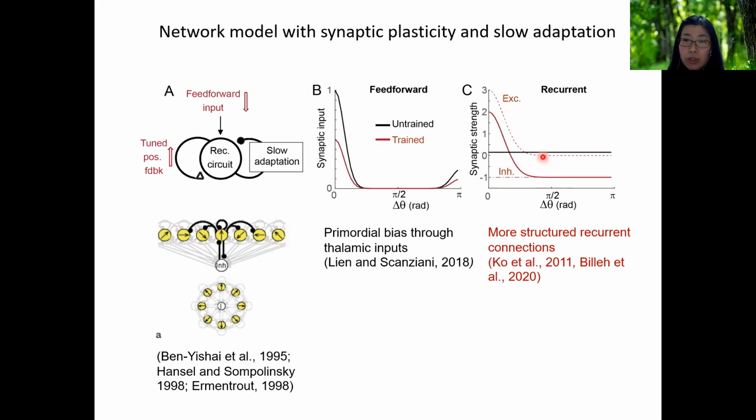Such structural changes in the recurrent connection were inspired by the experimental observation of reorganization of the recurrent connection with development, and also by biologically realistic models suggesting some feature selective connectivity in the recurrent connection.